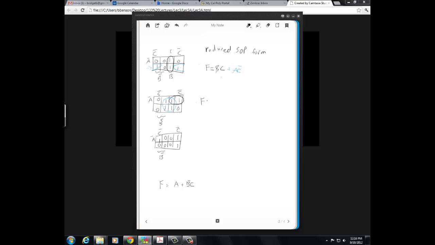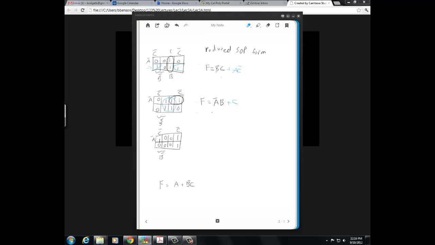So f equals, let's do our black grouping first, that's in the A0 row, and then in the B area, because these two are B. And then our blue group, that's going to be, all of this is C.